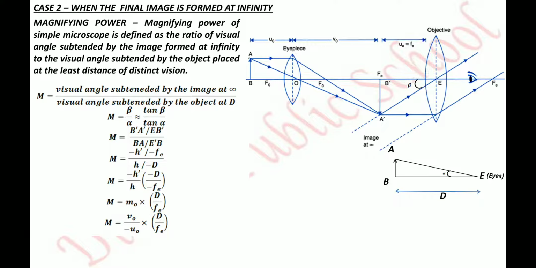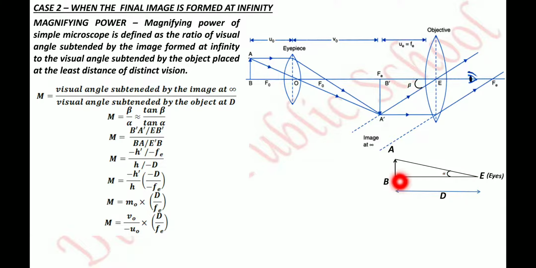Beta and alpha are very small, so beta can be replaced by tan beta and alpha can be replaced by tan alpha. Now tan beta is equal to, as you can see in the ray diagram, b dash a dash upon eb dash, in this very triangle, and tan alpha is in this triangle, ba upon e dash b. E is for eye, so e dash b.